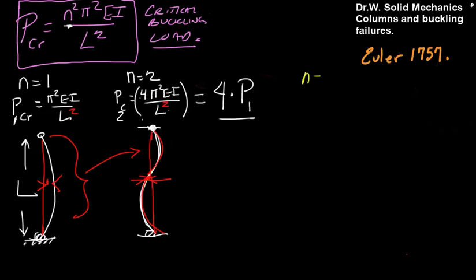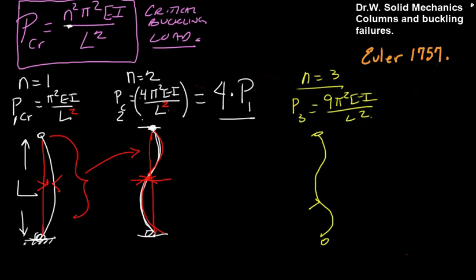We could also look at an n equal to 3 failure, in which case P3 would be 9 pi squared EI on L squared, and that beam would have 3 deflection points, and it could happen if a beam were being doubly supported to minimize deflection.